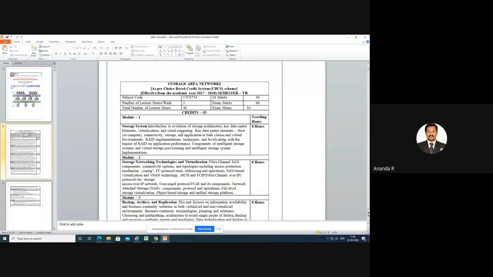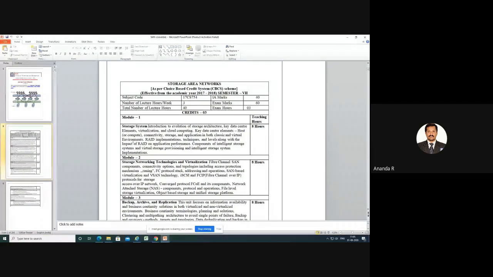Then key data center elements: what are the key elements in the data center, like the host computer, connectivity, and storage. Then applications in both classic and virtual environments: what is the classic environment, what is the virtual environment, and what are the differences? The applications we use in the classic and virtual environments, that also we're going to study.